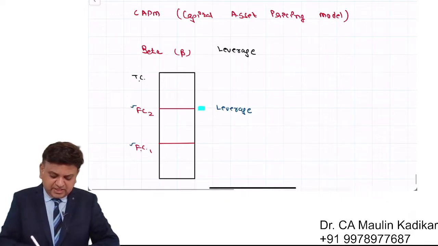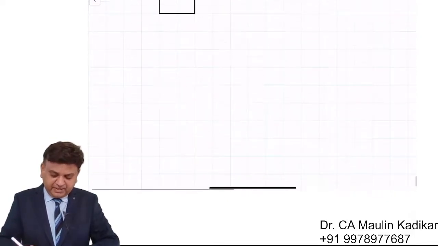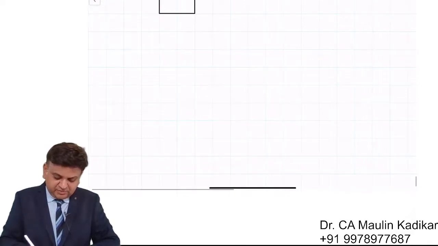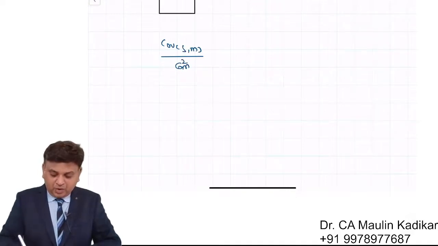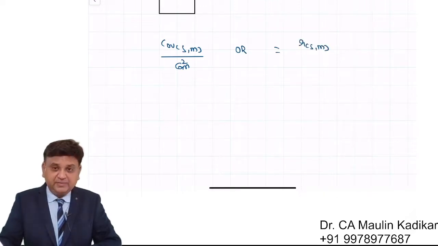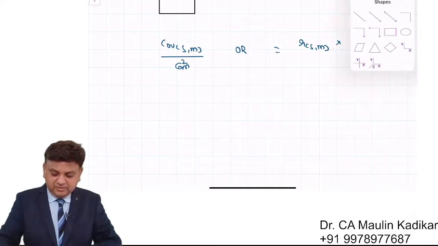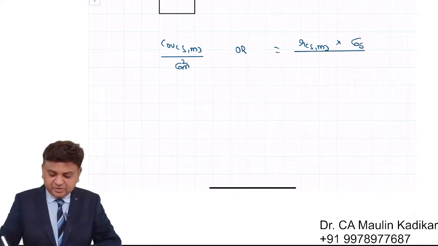Dear students, in CAPM, beta is calculated by a simple formula: covariance of the security with the market divided by variance of the market portfolio. Otherwise, it can be calculated as the correlation coefficient of the security with the market times the standard deviation of the security divided by the standard deviation of the market portfolio.